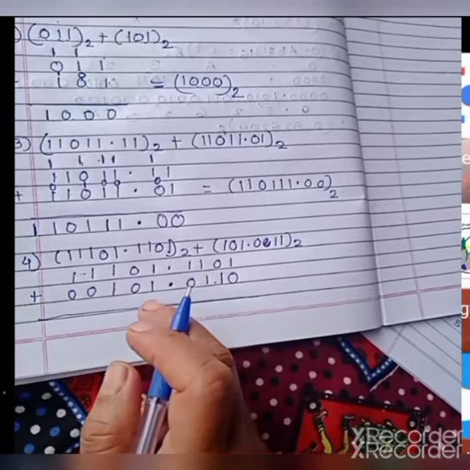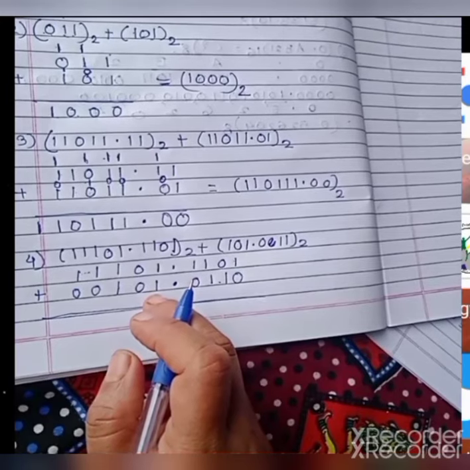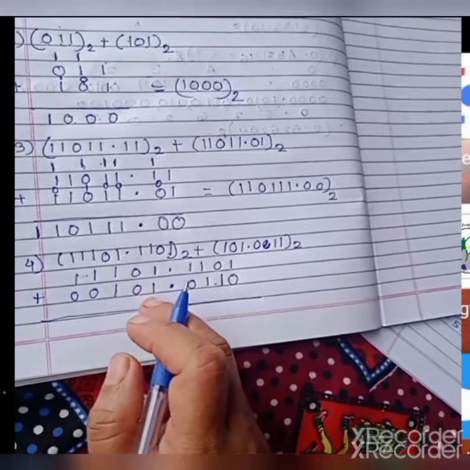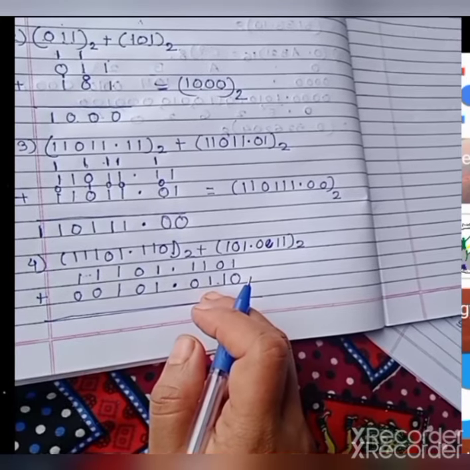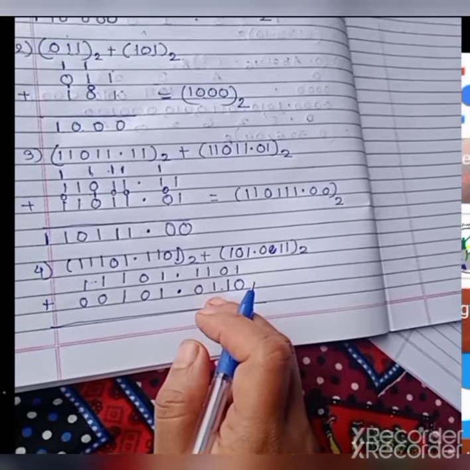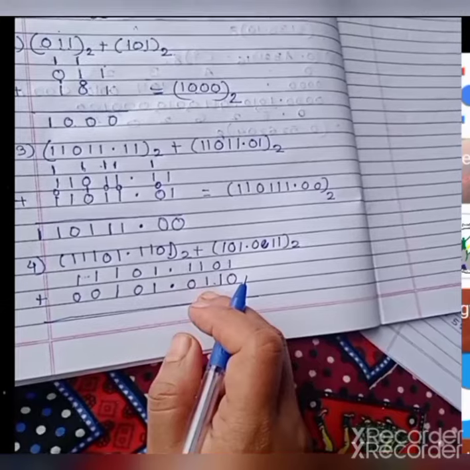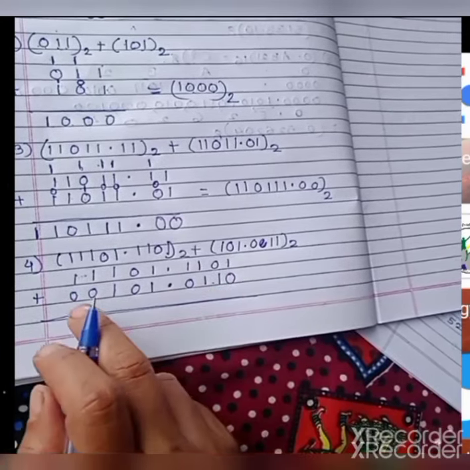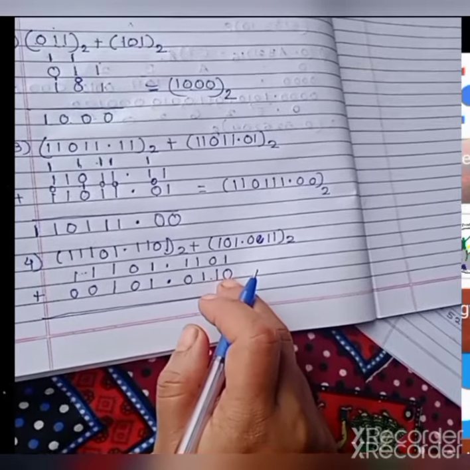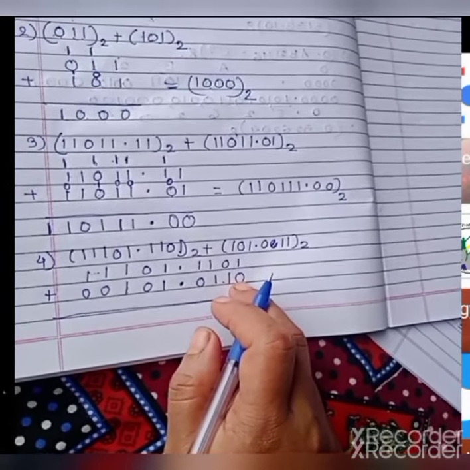So before fractional point you have to write the number from right hand side, and after fractional point you have to write your number from left hand side. And if there is empty space, you will fill that empty space with adding zeros. That is called as a zero padding.